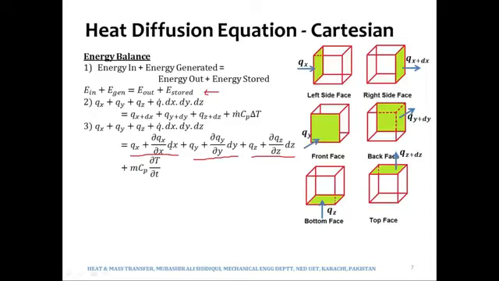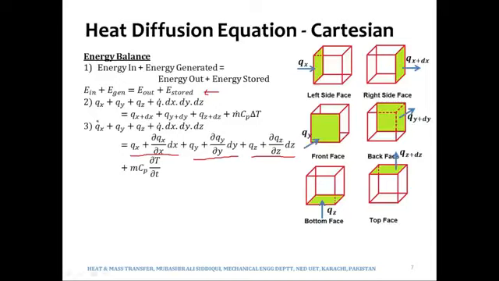And since the heat is being transferred in x direction, in y direction, and in z direction as well, temperature would therefore be dependent upon more than one variable. Temperature would be a function of x and y and z and time. So therefore we are writing it as ∂T/∂t and not dT/dt.